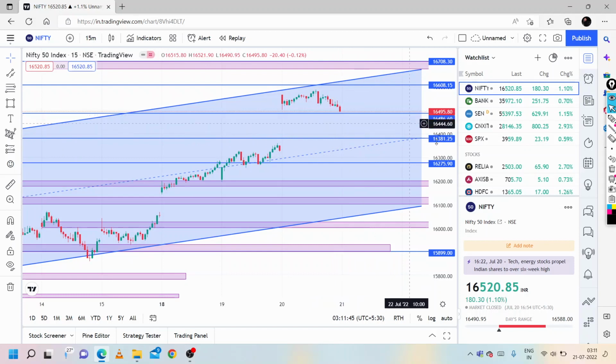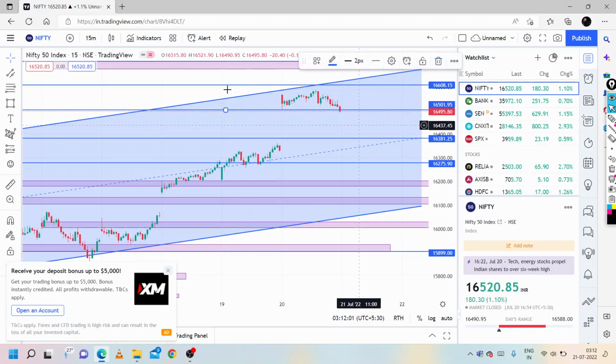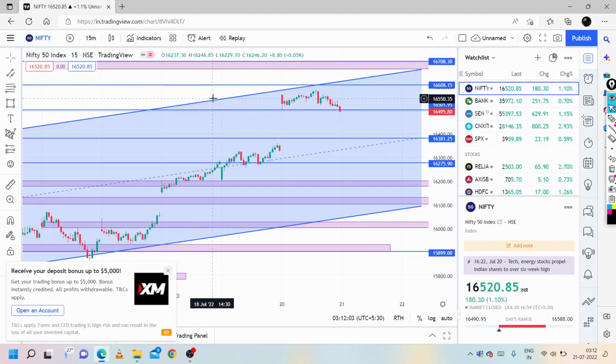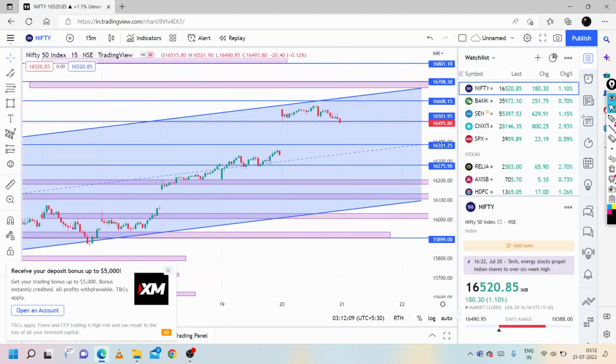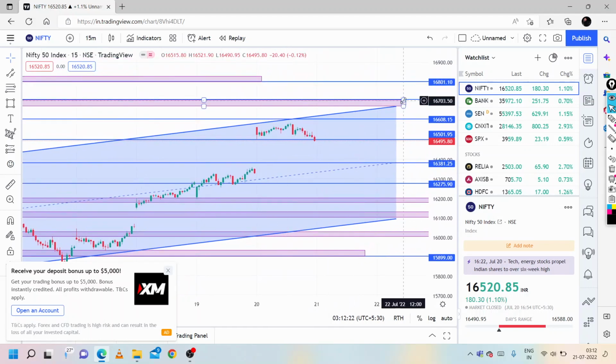If the market opens somewhere around 16,500 and starts going up, then I will not be interested in taking any long side trade, because first we have 16,600 acting as a resistance, then we have 16,675 to 16,700, and then 16,800 acting as a strong resistance.